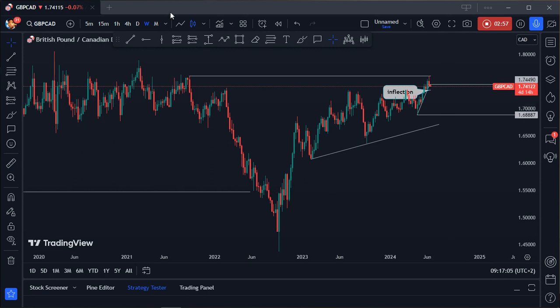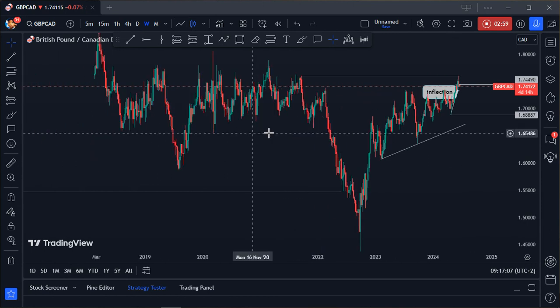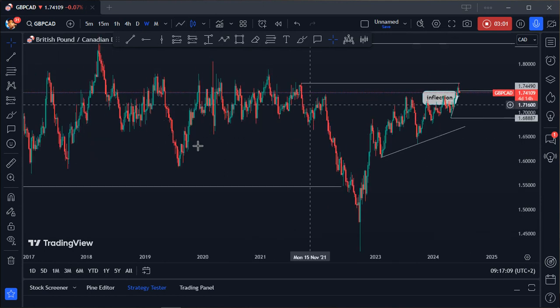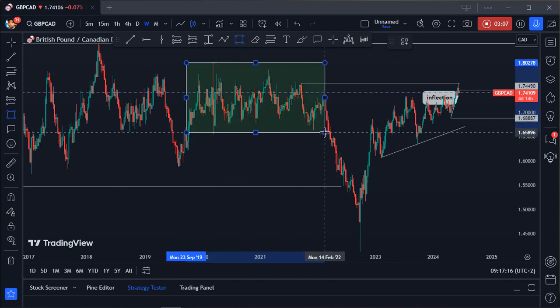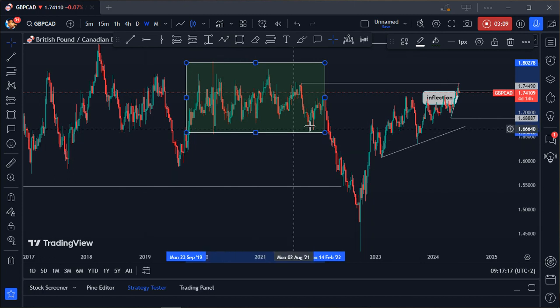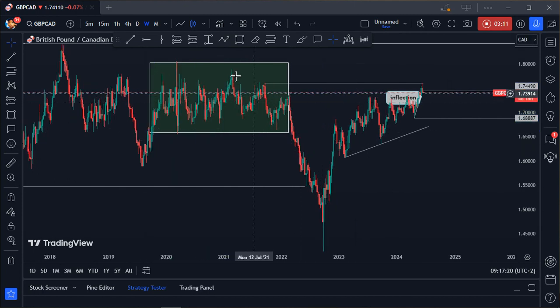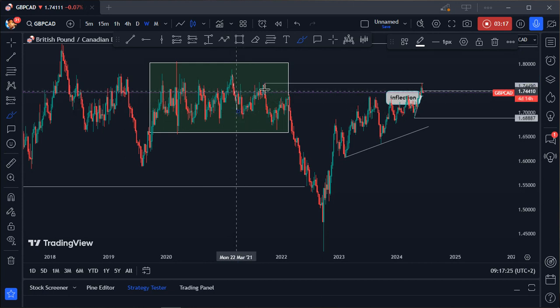So let's continue. Let's highlight this range. As you can see what happened here, we had that impulse, we had our correction, which was our footprint, and this was the first initial point where price started selling.